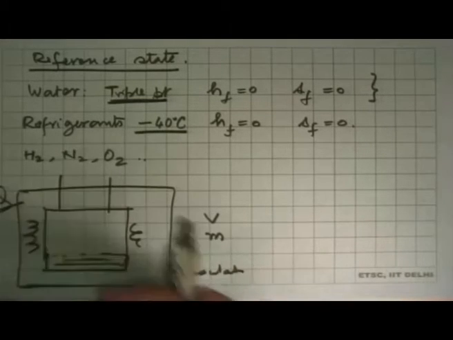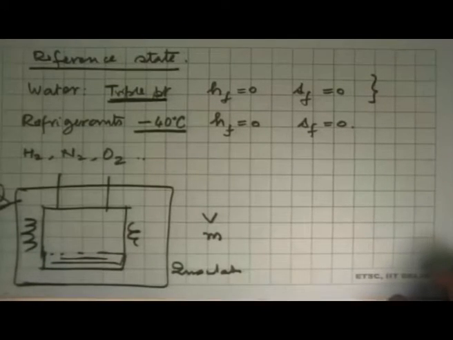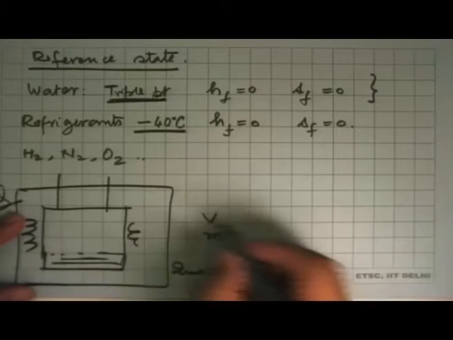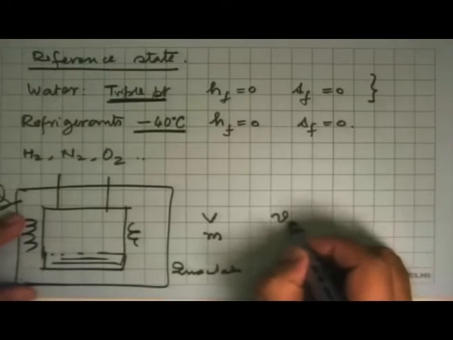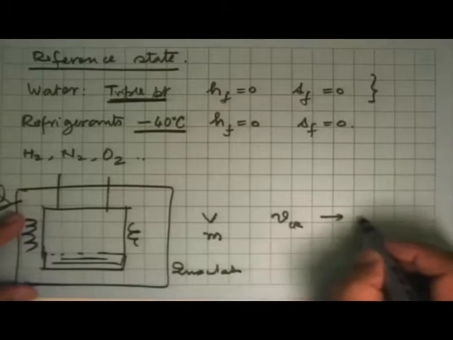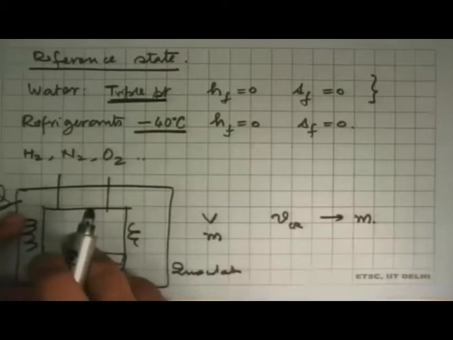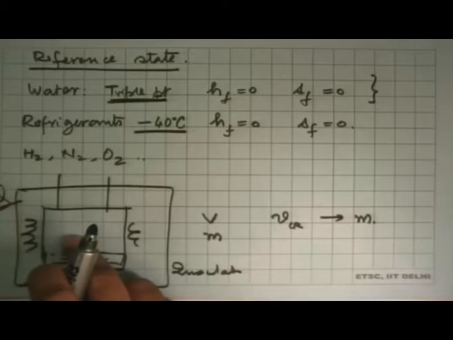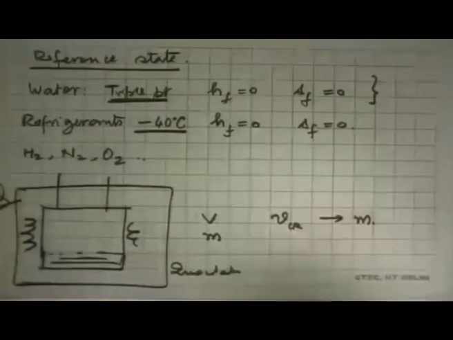So now if you want to create a critical state, what we now know is that if the volume is known, we know what is the specific volume at the critical state, and these two will tell us what is the mass that I should put in this to generate a critical state. Okay, so it is easier said than done.